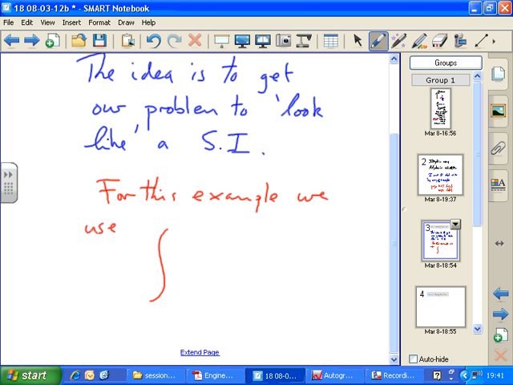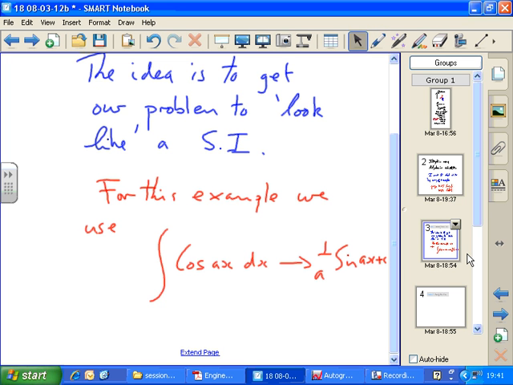that the standard integral of cos ax with respect to x is, what's the standard integral for cos? One over a sine ax plus c.